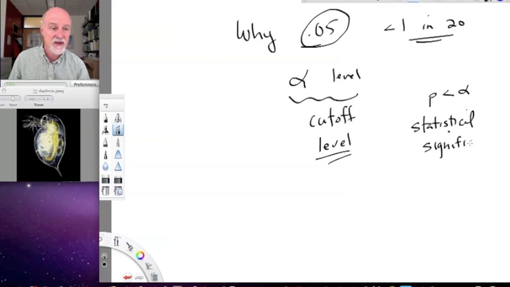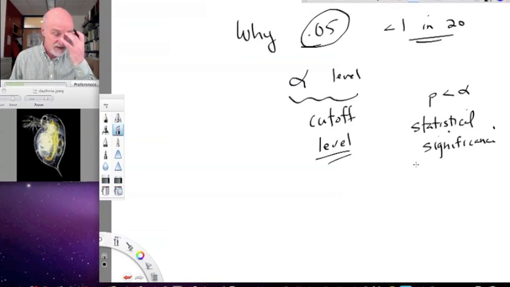Okay? In this case, it was t, and we saw the larger t, the lower p would be. Okay. All of this you've had before, but I wanted to kind of review what a p-value means. It is what allows us to detect statistically significant differences.